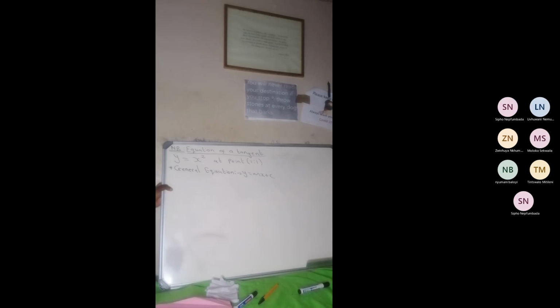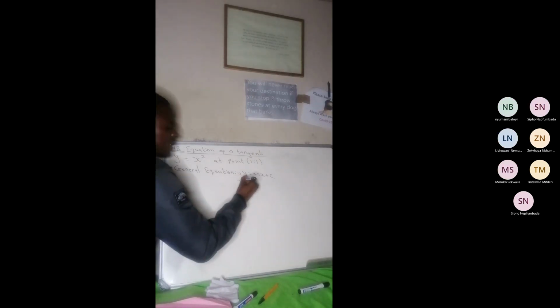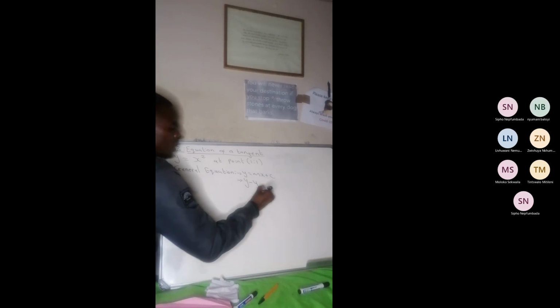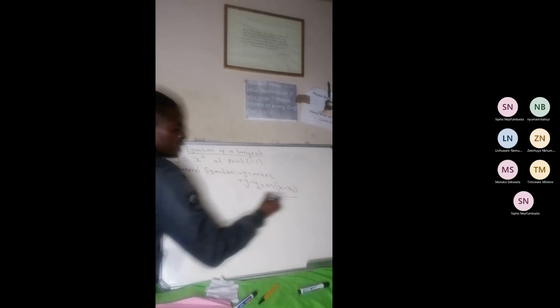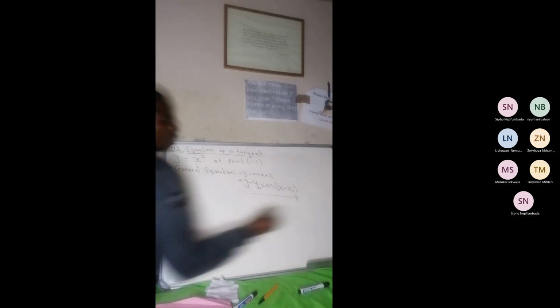Are we together? Yes. And it also says y minus y1 is equal to m, where m is a gradient, into x minus x1. Myself, I'm interested in this one, the last one.